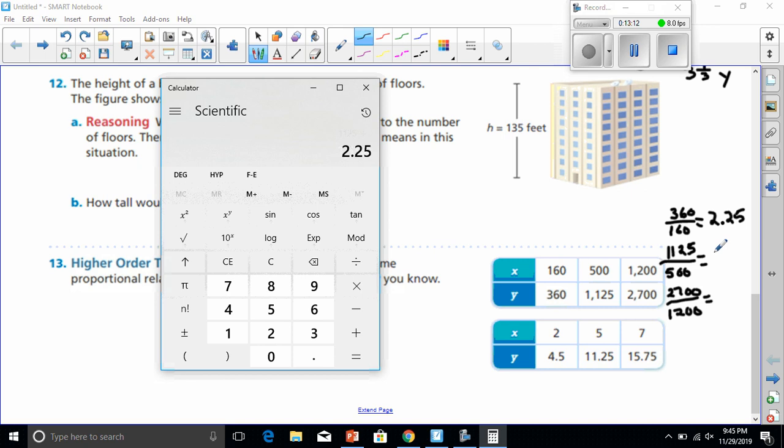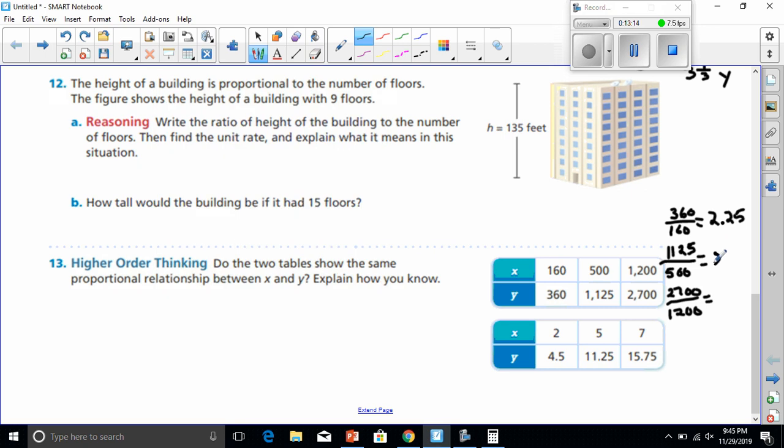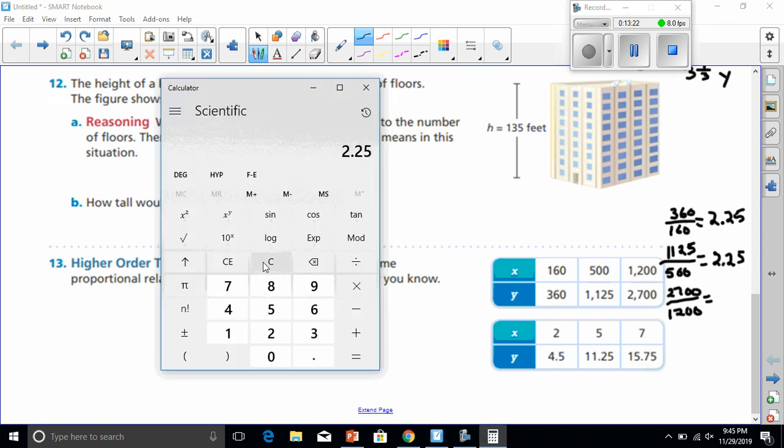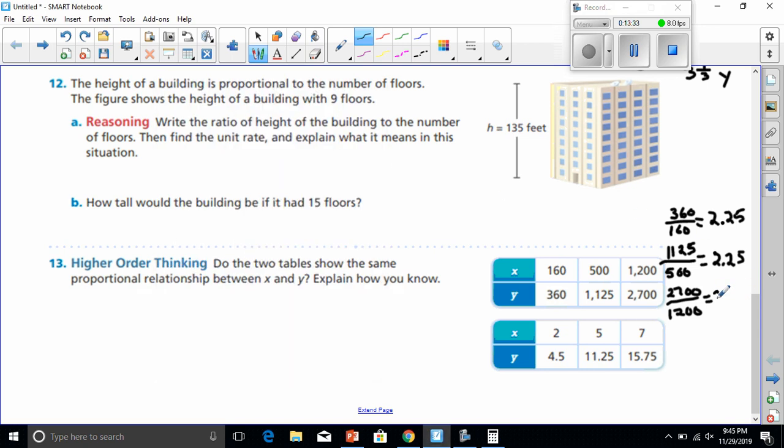And that's also 2.25. And next we have 2,700 divided by 1,200. That's also 2.25. So I know this first table is proportional and its ratio is 2.25.